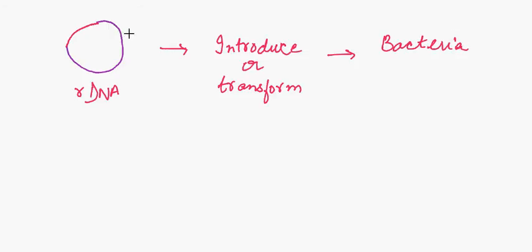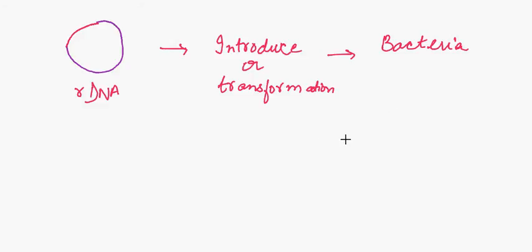As we have taken a vector called plasmid from bacteria, plasmid is capable of replicating in bacteria. So we will introduce this recombinant DNA that we have made to bacteria. So transformation is another word for introducing the rDNA, our recombinant DNA, to bacteria.